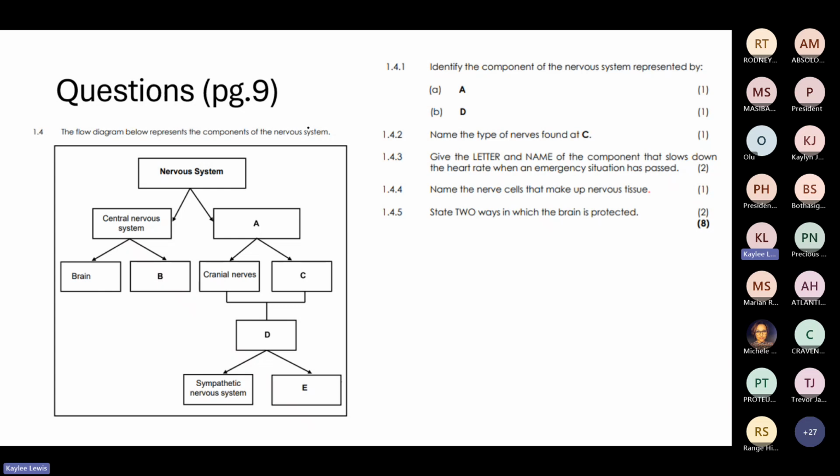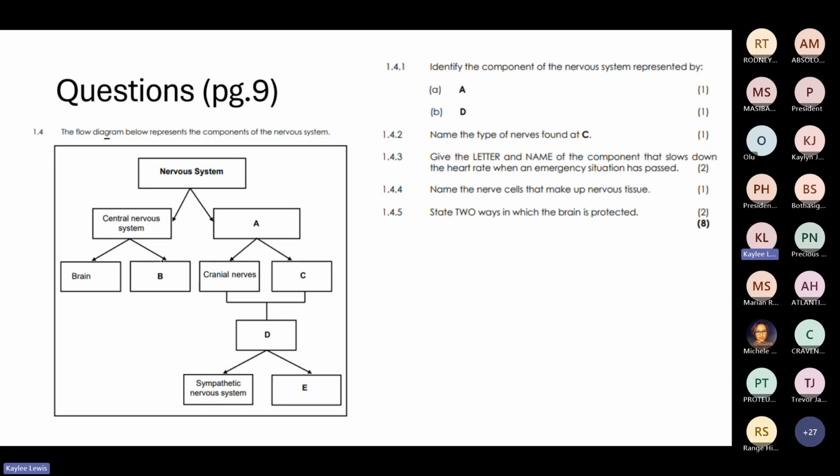So 1.4 says the flow diagram below represents the components of the nervous system. So you can see here we have the nervous system, which has been split up into two. We have the central nervous system. So what would the other one be? That would be the peripheral nervous system. Then if we work with the central nervous system, we can see the central nervous system is split up into the brain.